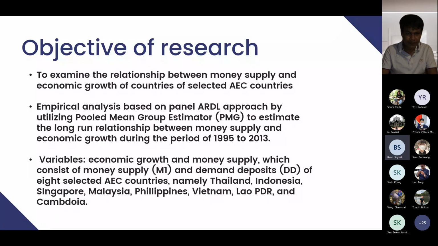The variables used in this study include economic growth and money supply, which consists of money supply M1 and demand deposits, DD, of eight selected AEC countries, namely Thailand, Indonesia, Singapore, Malaysia, Philippines, Vietnam, Laos PDR, and Cambodia.